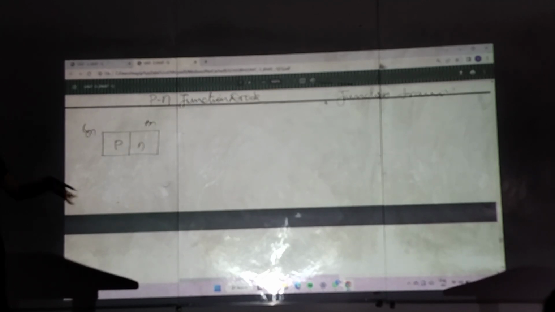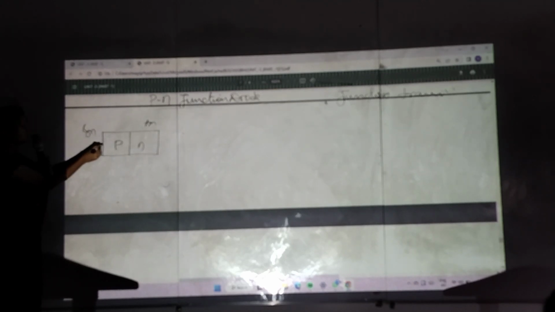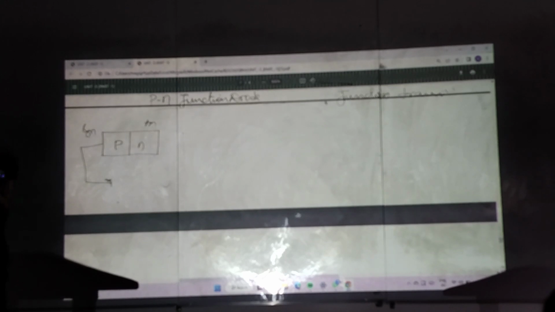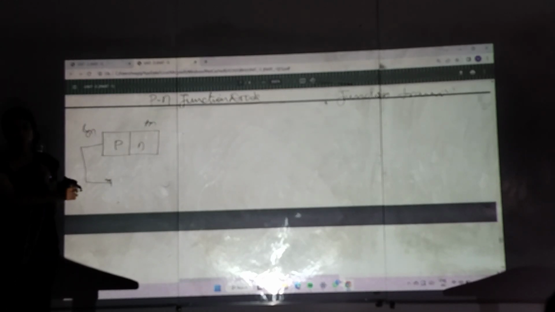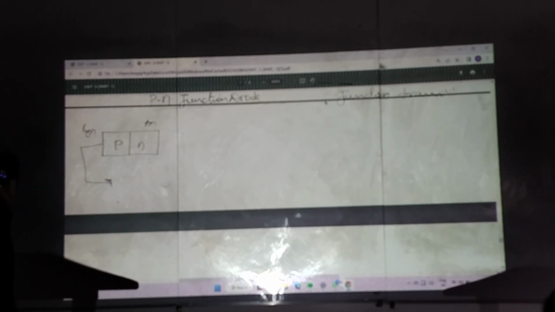Understood? Yes, now the P-type semiconductor I am going to connect with the positive terminal. We have the battery terminals, right? So I am going to connect the P-type semiconductor to the positive terminal.